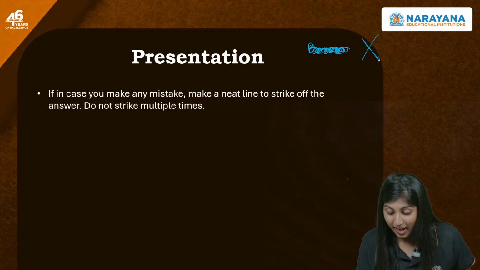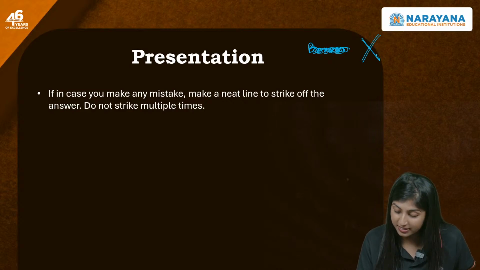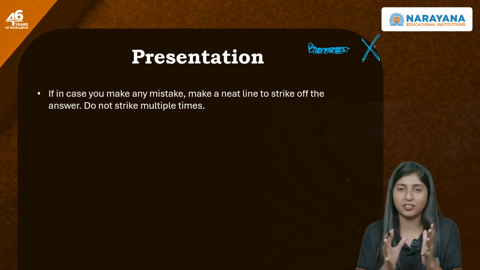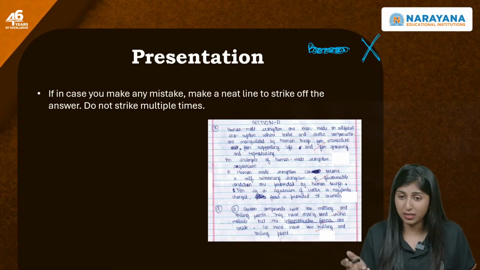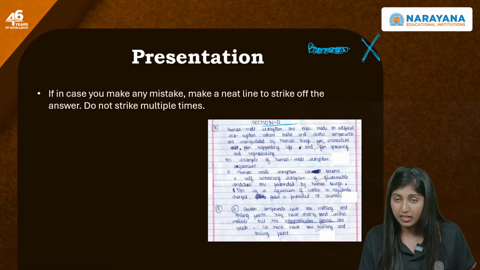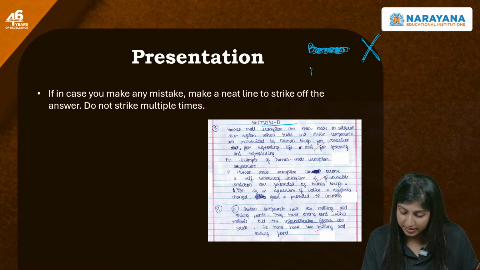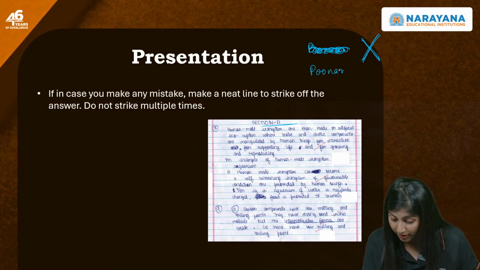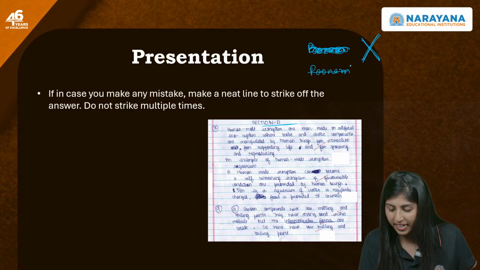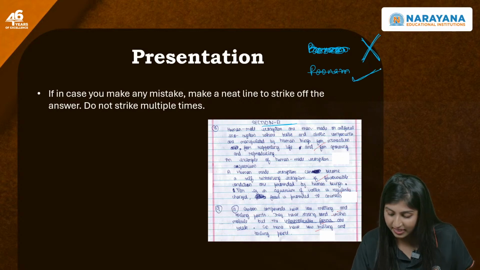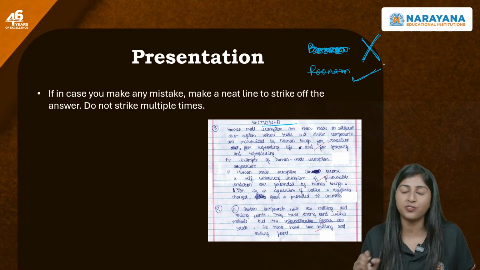This is highly objectionable. This doesn't look good at all. This is what the student has done, right? What we have to do instead, if we have written the word Poonam and want to strike it off, is just strike with a single line. This is the correct approach of striking off any answer.